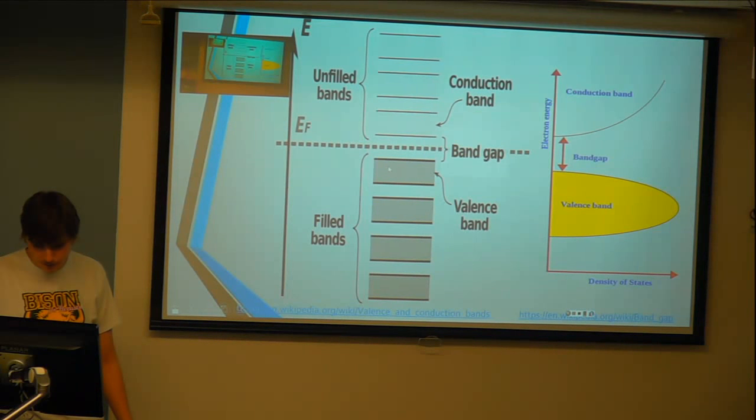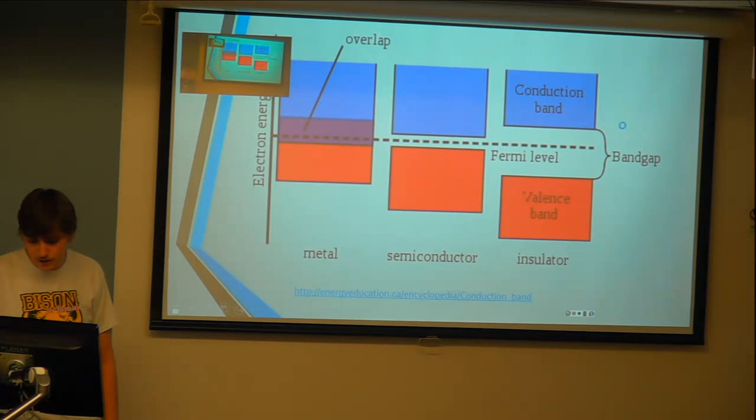This is a more graphical representation, showing again where the conduction and valence band are, so kind of a repeat of the same information. And I like this one to explain it more because it shows the different energy levels associated with the conduction band and valence band when plotting it.